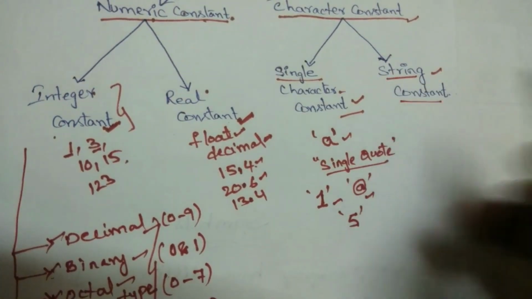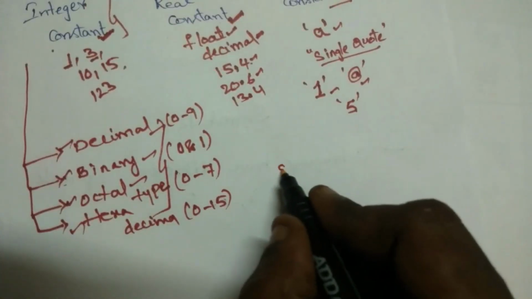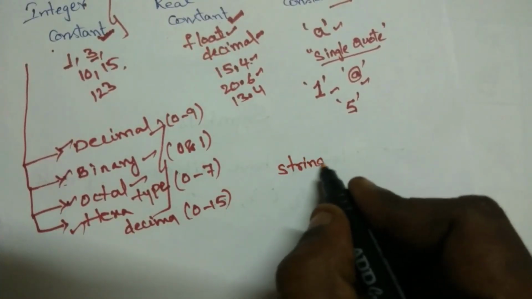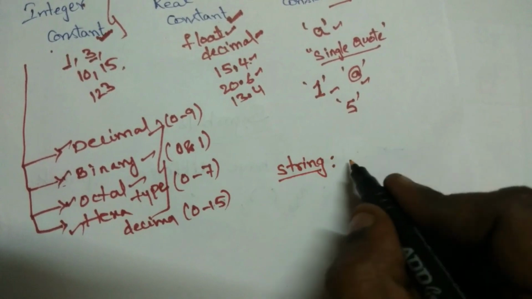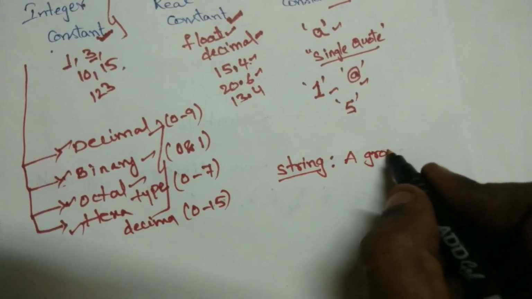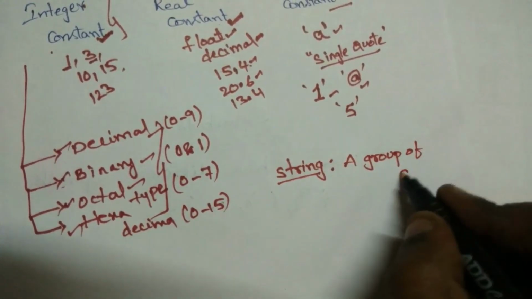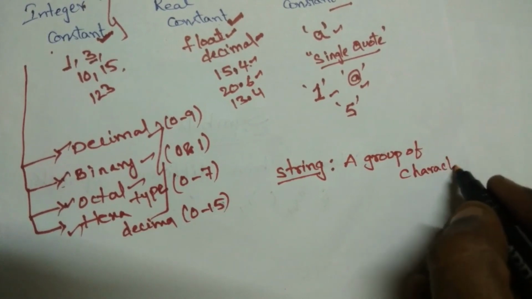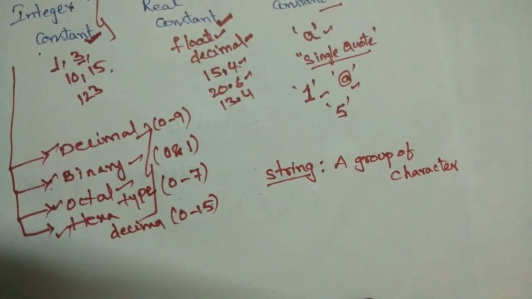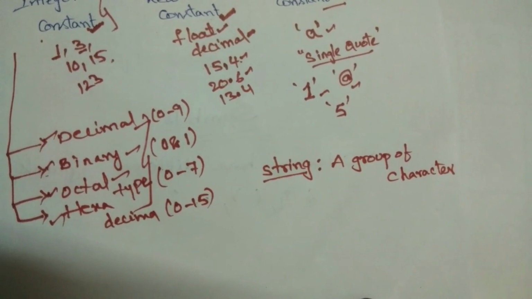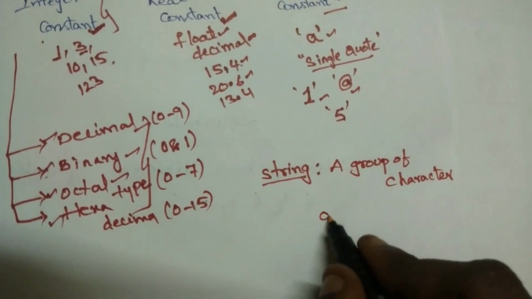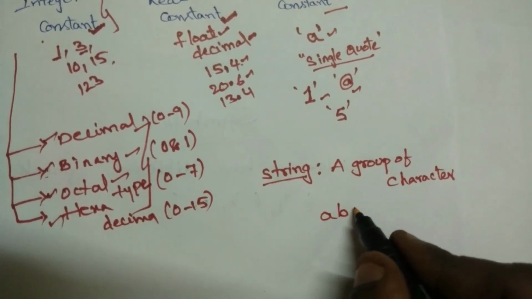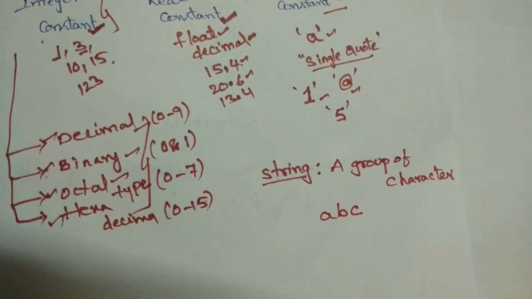Now, what is the next one? String constant. What is meant by string? A string is nothing but a group of characters. A group of characters is called a string. You know, A is a character, B is a character, C is a character, right?